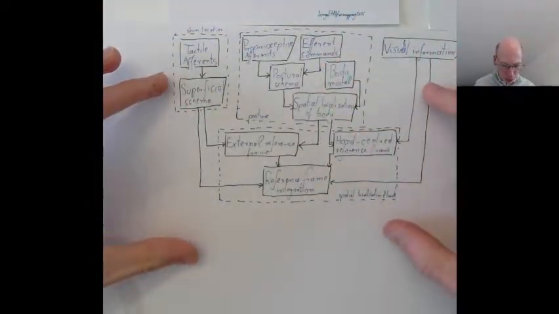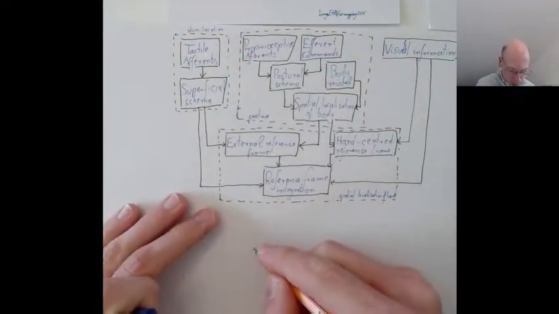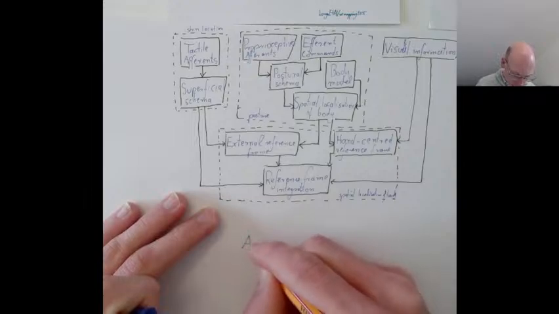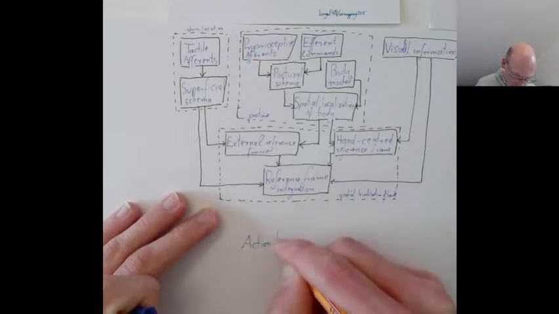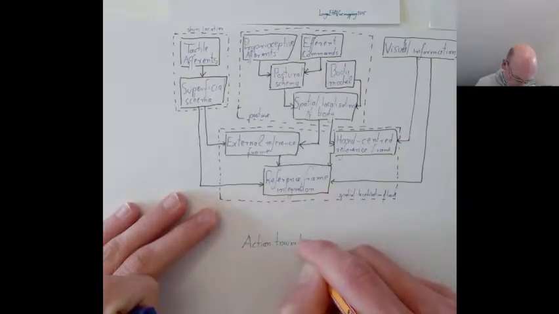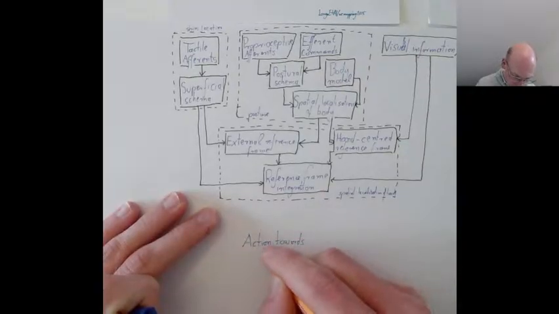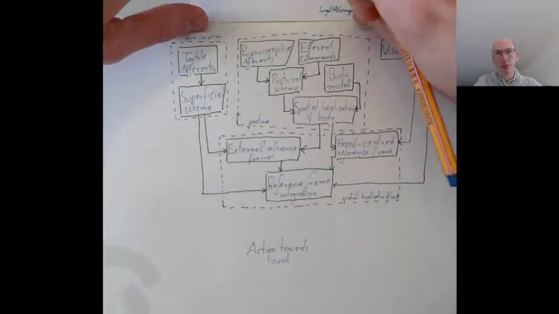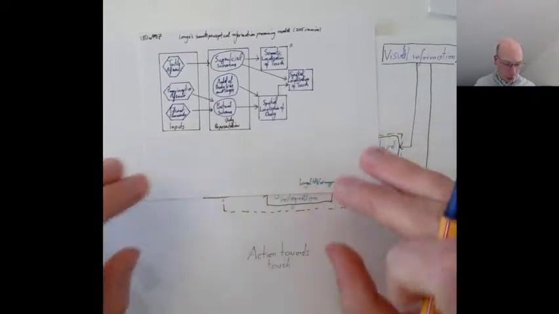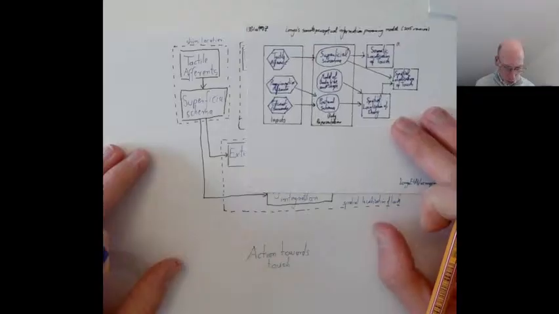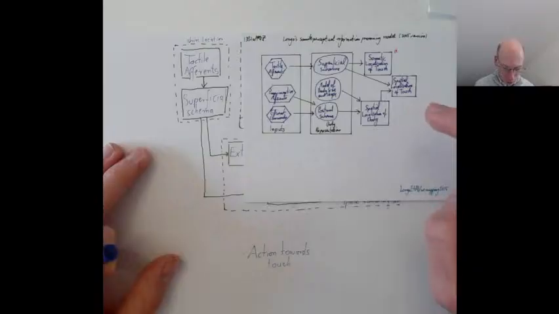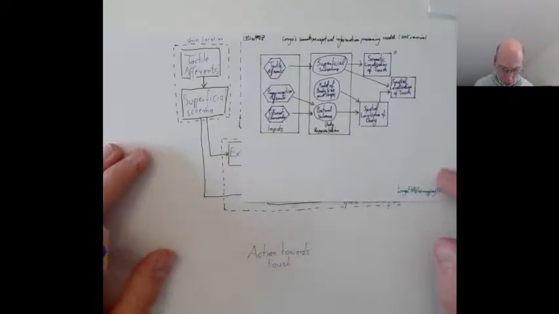That would be something external, but still. So this is action towards, let's just call it touch, and then the other one is the somatic localization of touch, which is, according to Longo and colleagues, different from the spatial localization of touch.